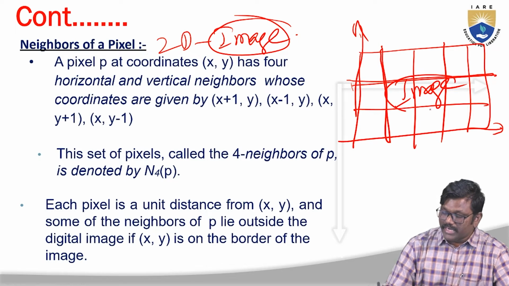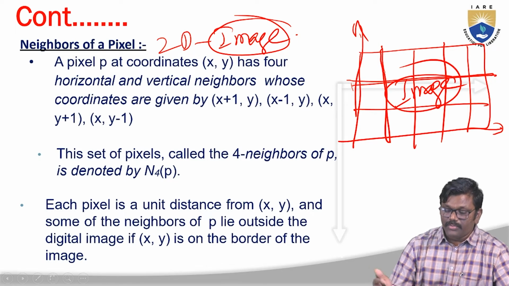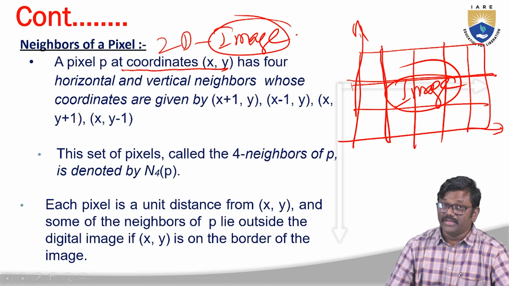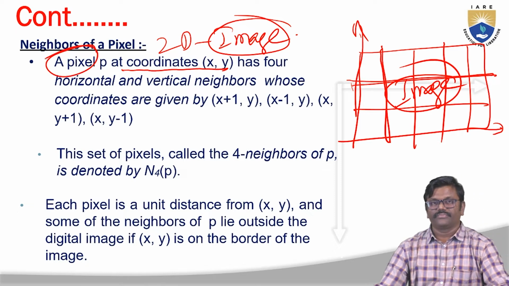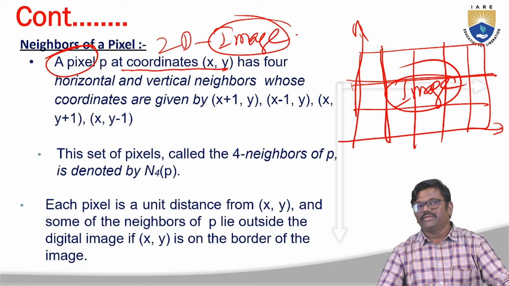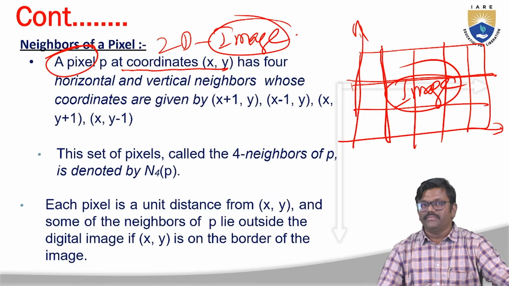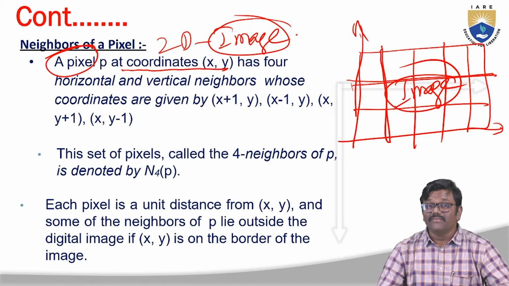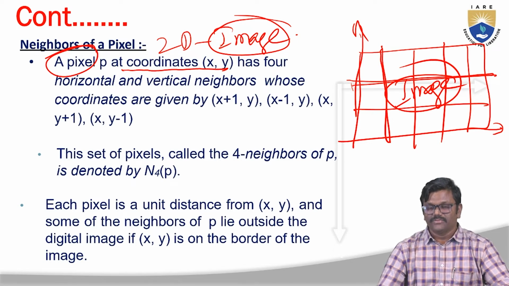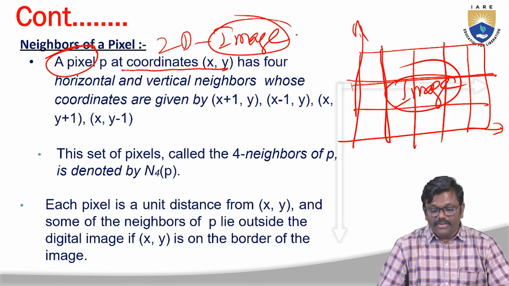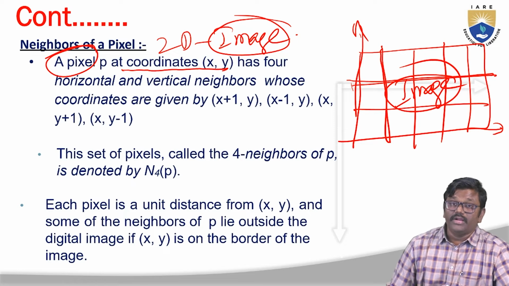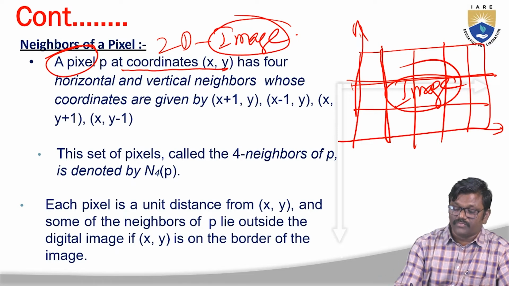So the image data we are going to define with the help of x and y coordinates in terms of pixels. Now we wanted to get another important origin point: how the image contains pixel values. The pixel value is defined only in terms of xy coordinates.